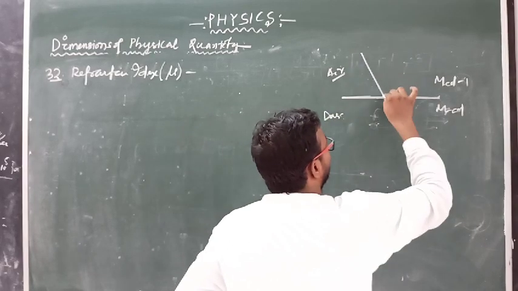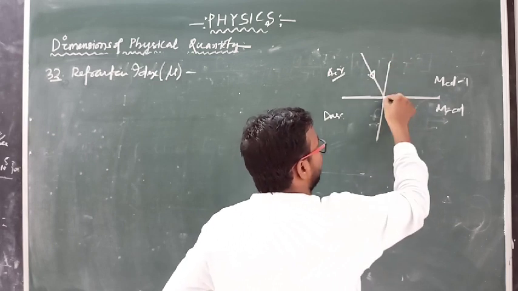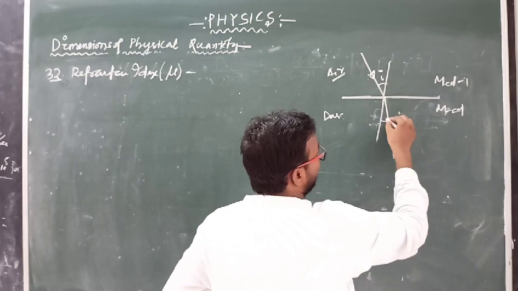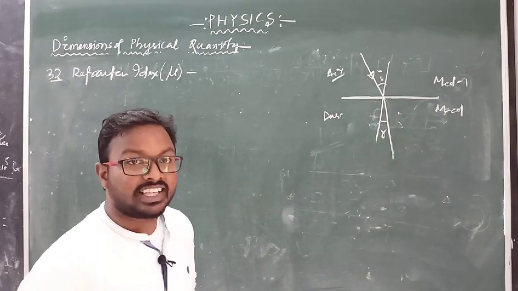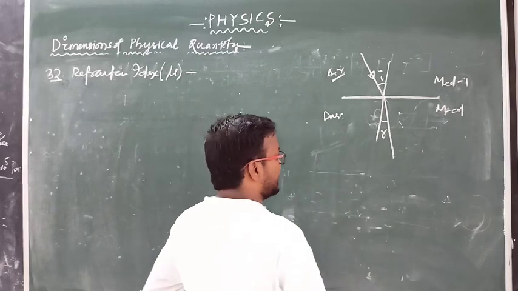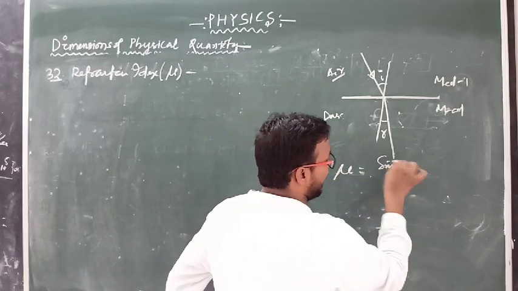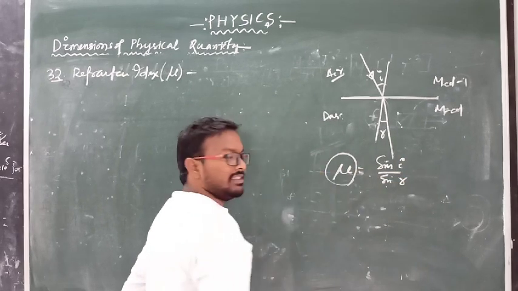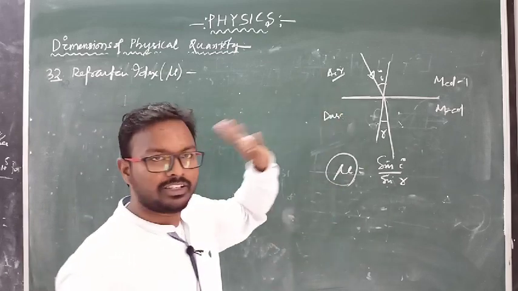When light travels from the air medium to the denser medium, it bends towards the normal, and this angle is known as i and this angle is known as r. You should know Snell's law. According to Snell's law you can write refractive index mu equal to sin i by sin r. That is the refractive index, and this refractive index is constant for this medium, clear?